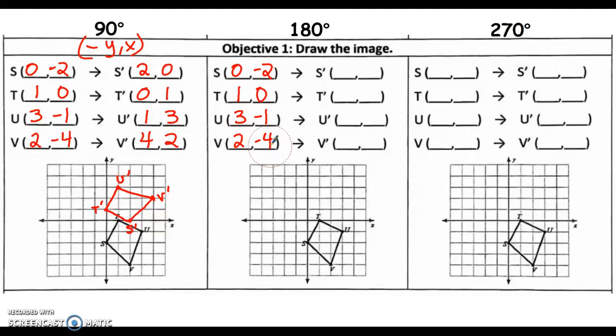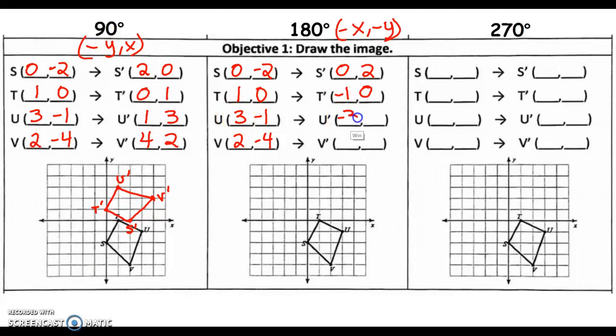So for the 180, we remember that the function is negative x, negative y, which means that we are going to change the sign for both the x and the y. Looking at 0, remember 0 does not have a sign, so that will just remain 0. Negative 2 becomes positive 2. Positive 1 becomes negative 1. 0 stays the same.